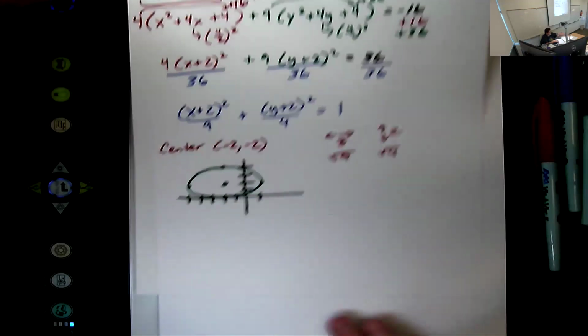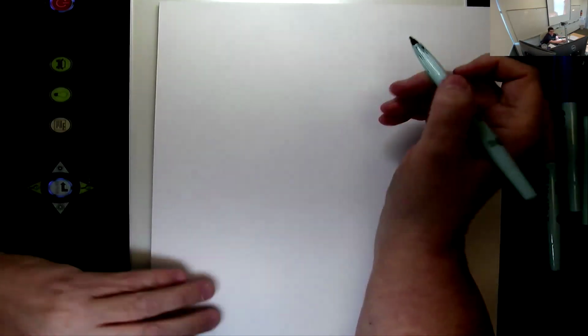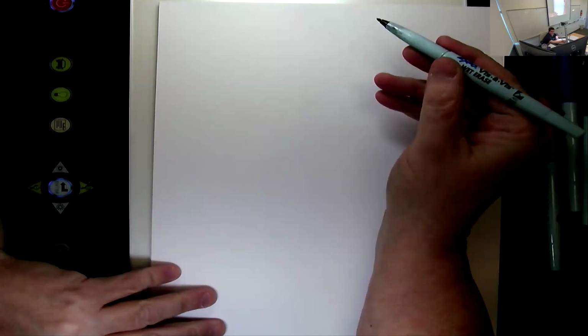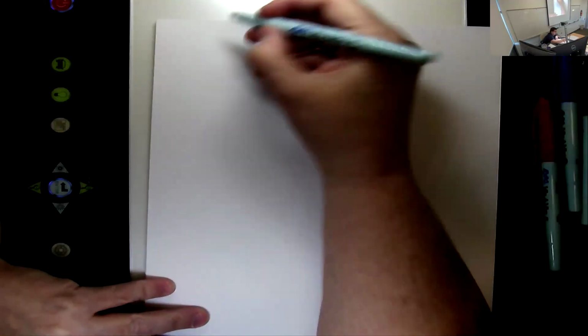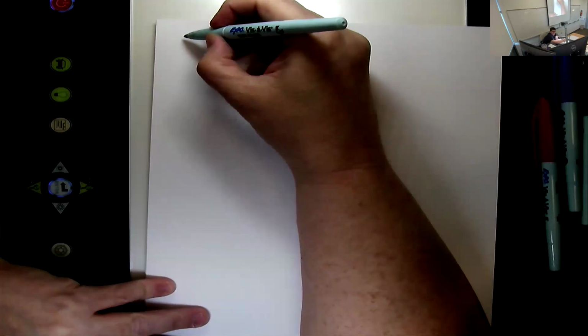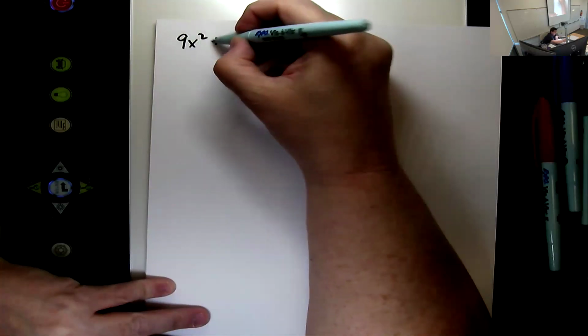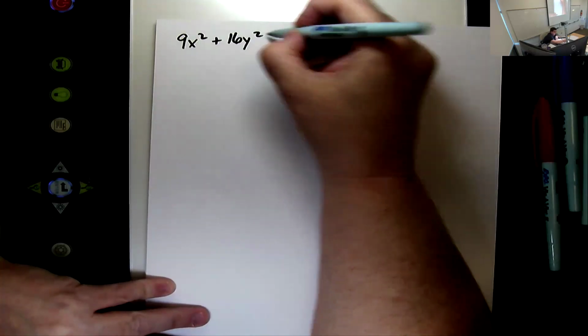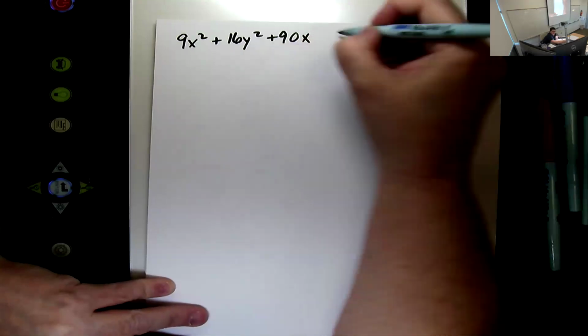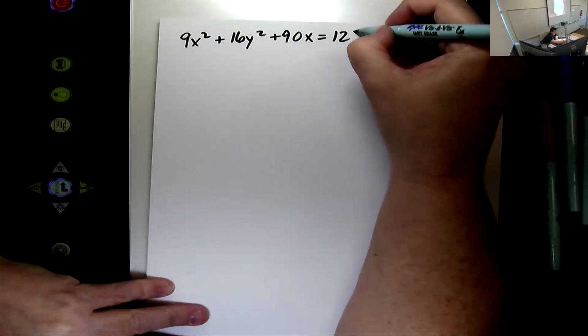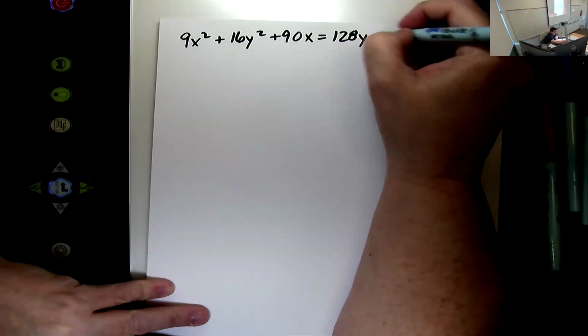And we'll do that in the main course. I want to give you guys another one to do, and then if we've got time when you're done, we'll do the check here. Why don't you guys try 9x squared plus 16y squared plus 90x equals 128y minus 337.